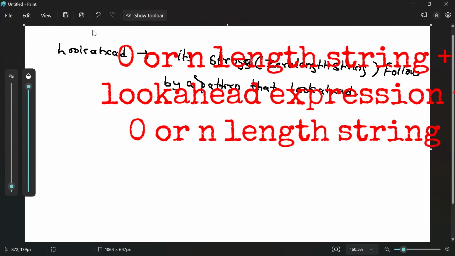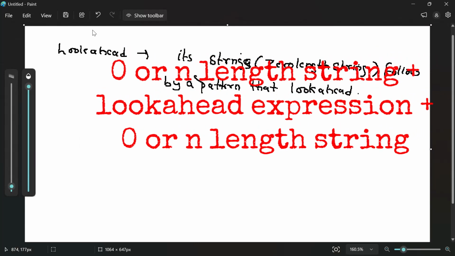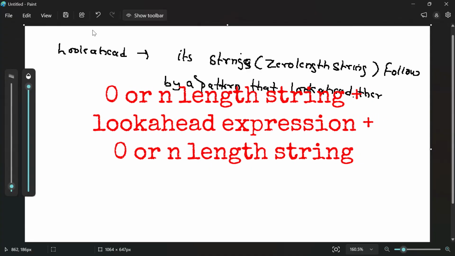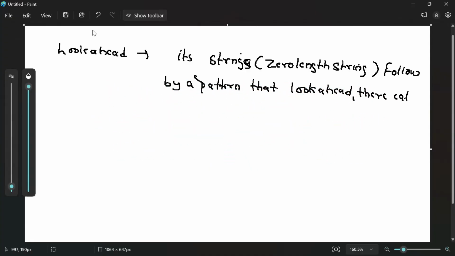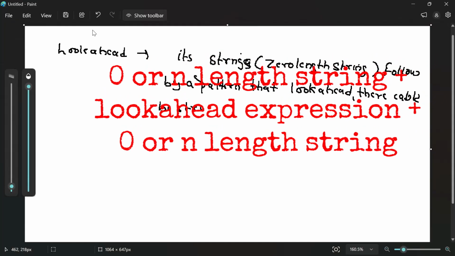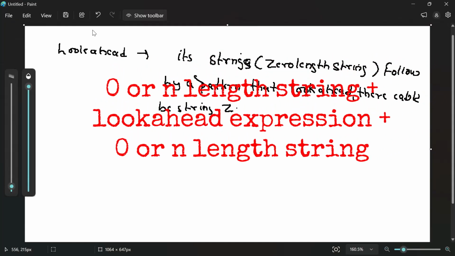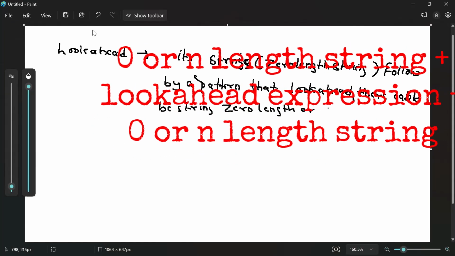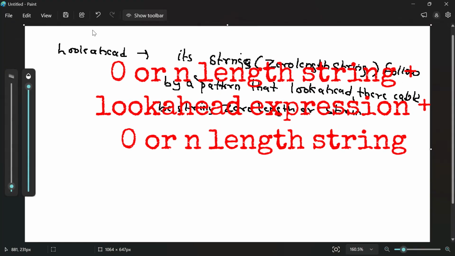And also after look ahead, there could be a string also. After look ahead also, there could be a zero length string or a proper string, more than zero length.